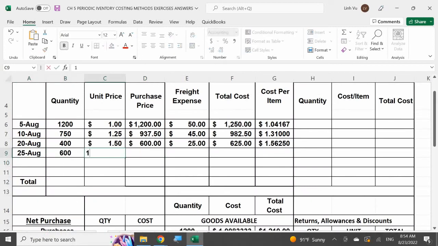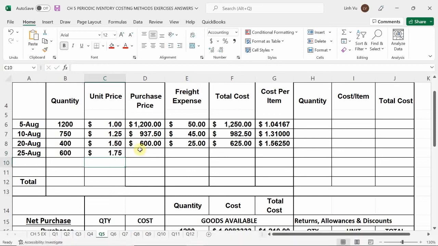The purchase price is $1,050, and total cost is $1,080. Good. And that would give us $1.80 cost per item. Awesome.